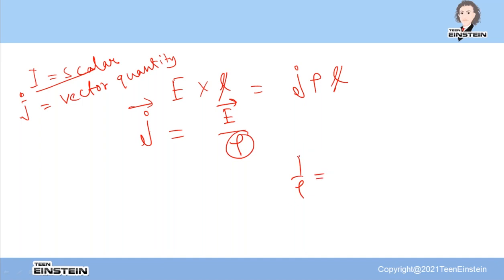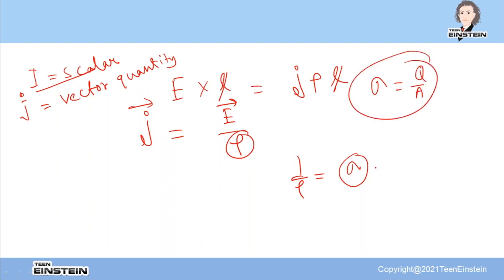So this sigma is not the sigma charge density. These are not equal. This is called conductivity.